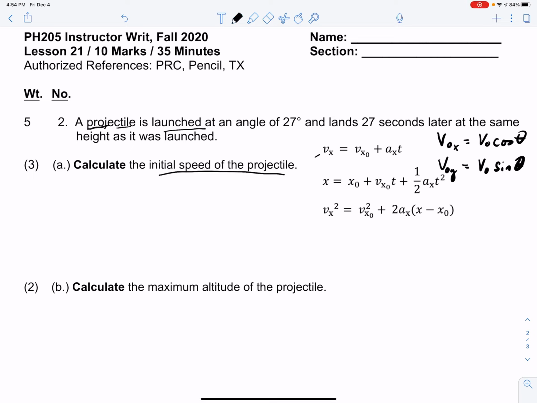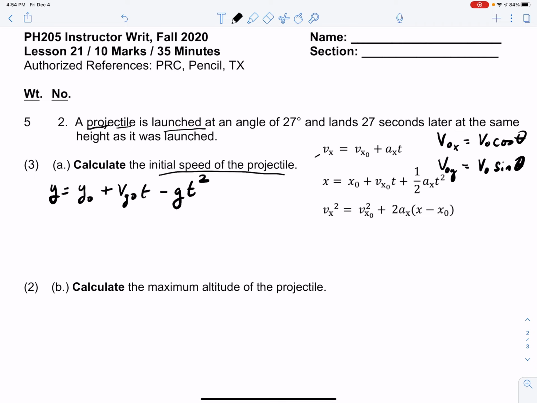So we write down in terms of y, not in terms of x: y equals y naught plus v y naught times t minus, because it is a negative acceleration, remember that, one half g t squared.